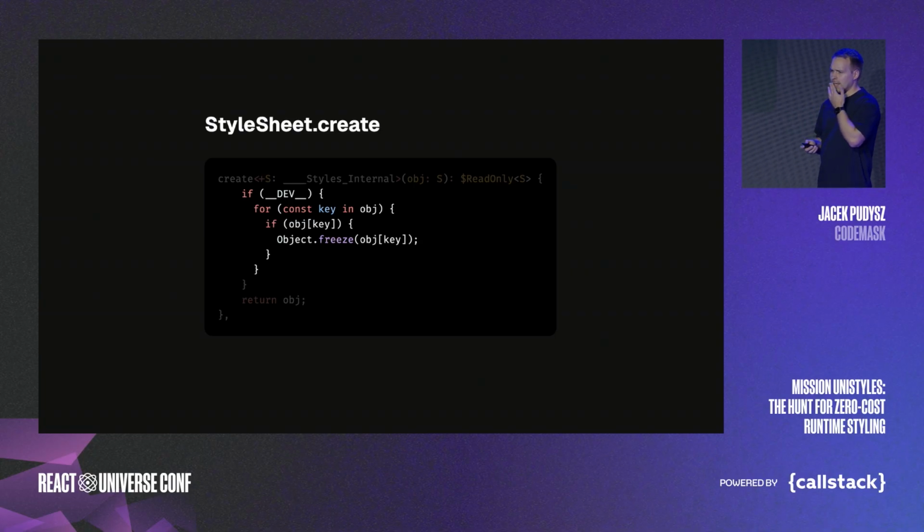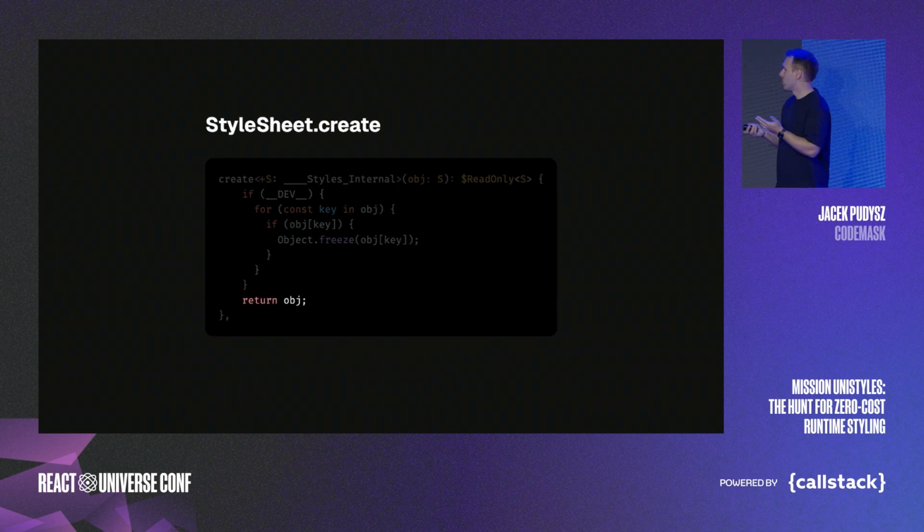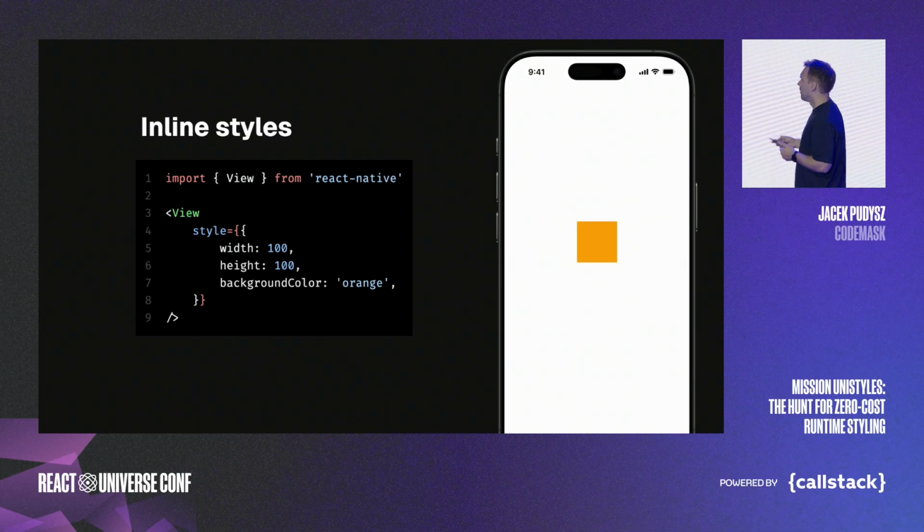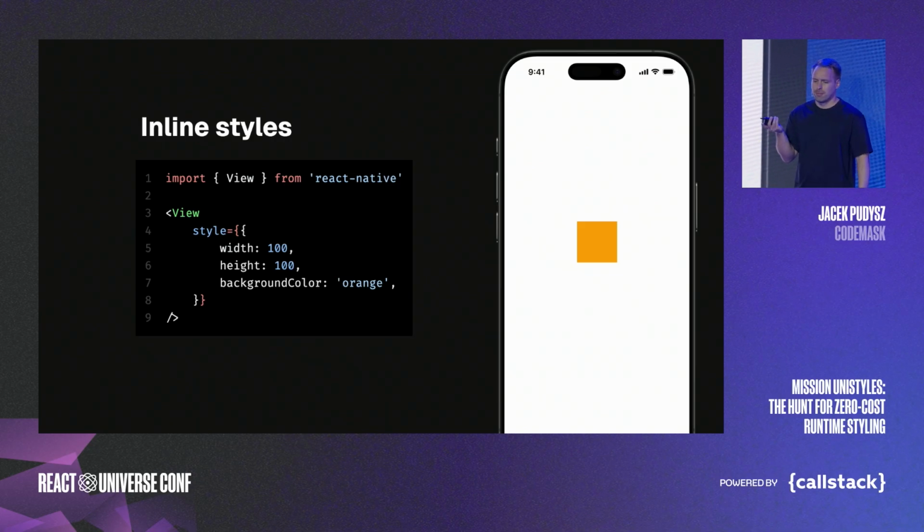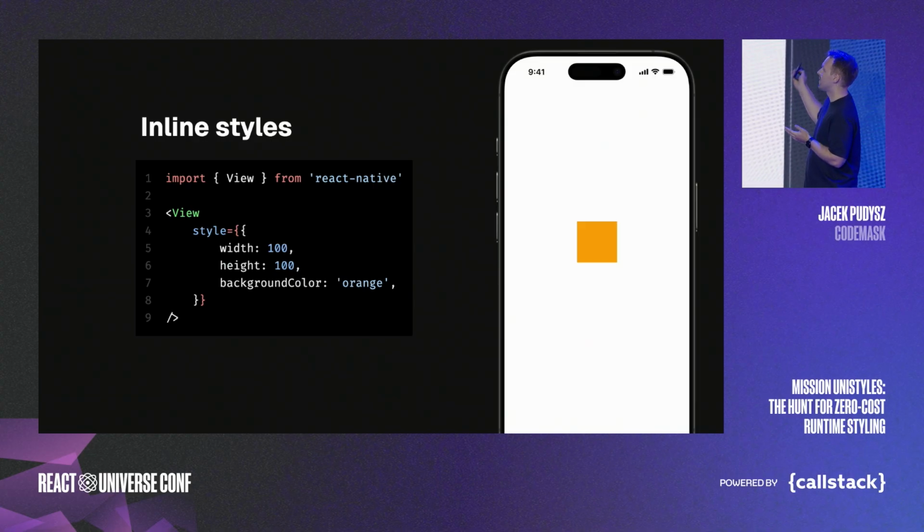So can we find any performance problem here? Well, no, because for the production releases, we will just return your object. So this is an identity function. Actually, we can skip StyleSheet. There is nothing there. If you do that, we will have the same output, orange box.